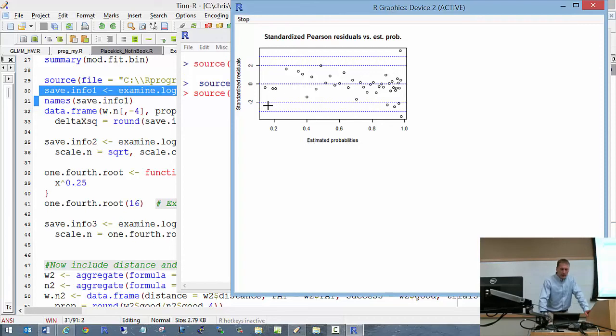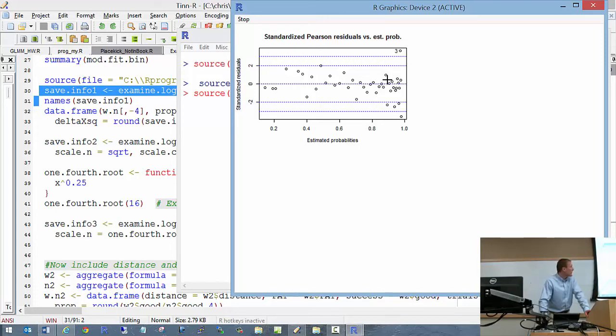But notice here my cursor. It's a plus sign, because it wants me to add something to the plot. In particular, what I can do is mouse over to where you see some of the outlying points, the points that are outside the plus or minus 3 horizontal lines, and if I left click on that point, I will get the corresponding observation identified.